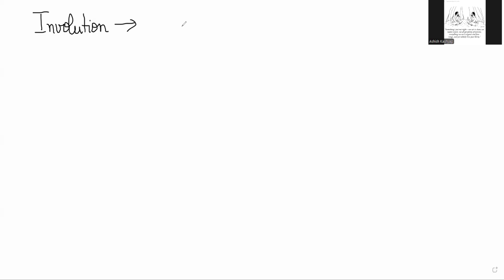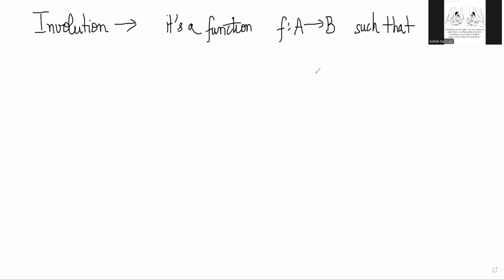So we have already seen this condition. It is a function f goes from A to B such that f of f of x is equal to x for all x belongs to real, right?